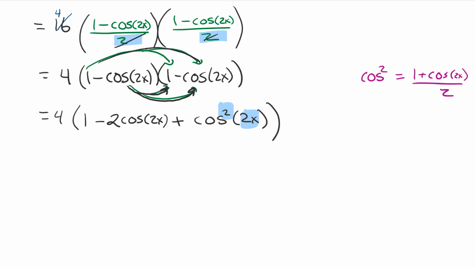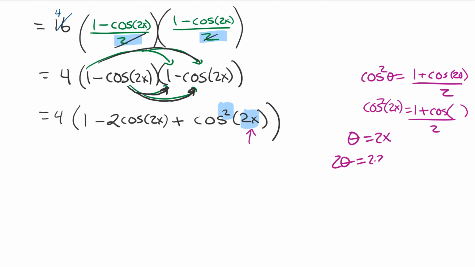Well, we're going to call this theta, so we just call theta equal to 2x. See what sort of formula we get. Cosine squared of 2x is equal to 1 plus cosine of 2 times 2x, which is 4x, over 2. Oh, there it is.